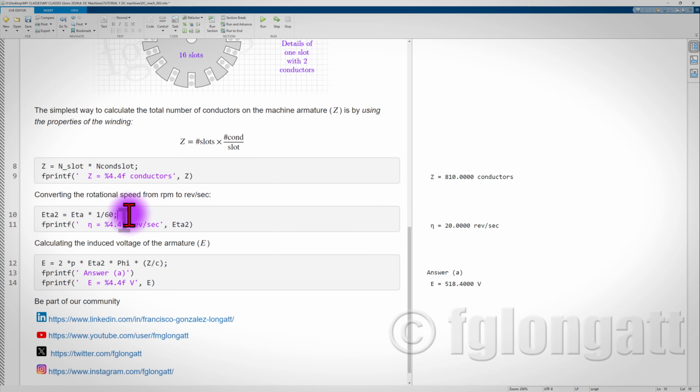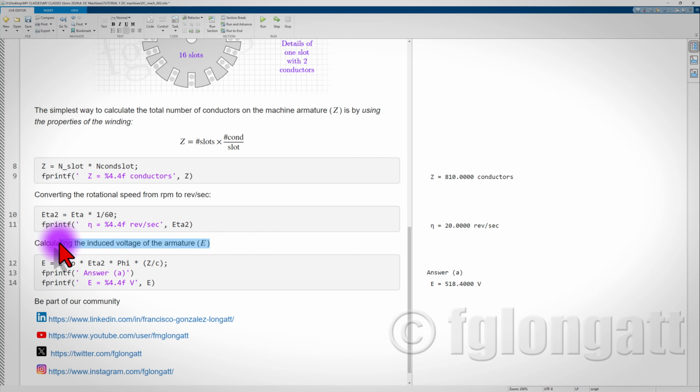So I am converting this 1200 RPM into revolutions per second. We need to divide by 60, and on the right-hand side you can see the answer: a rotational speed of 20 revolutions per second.